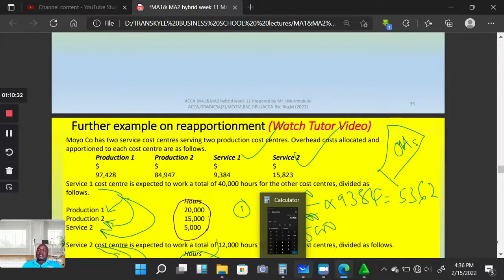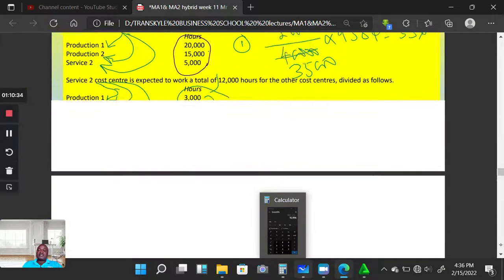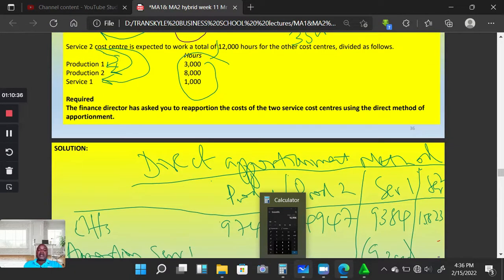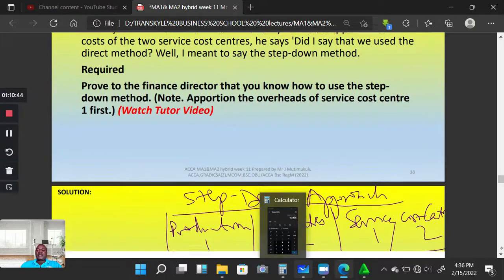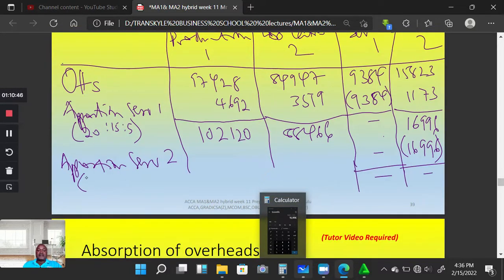The question says the ratio is 3, 8, 1, to make 12.